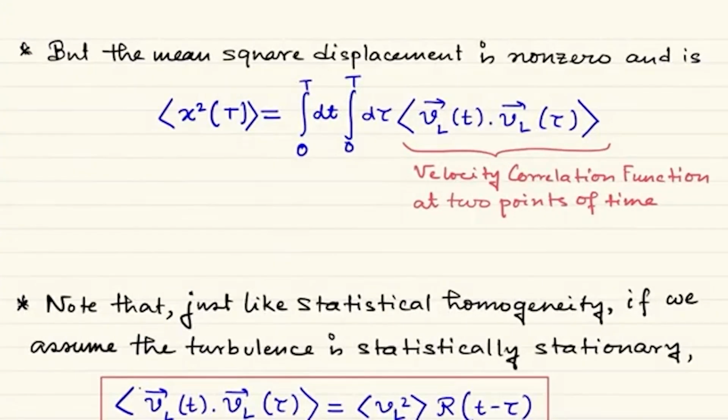Okay, so if you integrate the Lagrangian velocity at a given time point over time, you will get the displacement vector at that time point. Now if you take the 2-point velocity correlation function of the Lagrangian velocities and integrate it in time, double integration, we will simply get the mean square displacement.